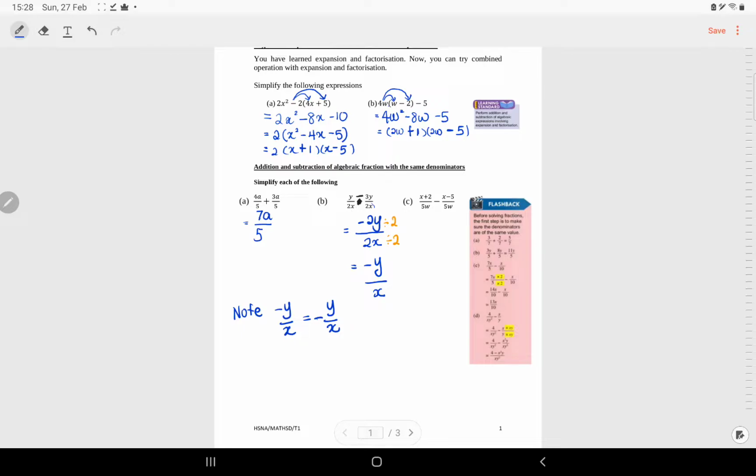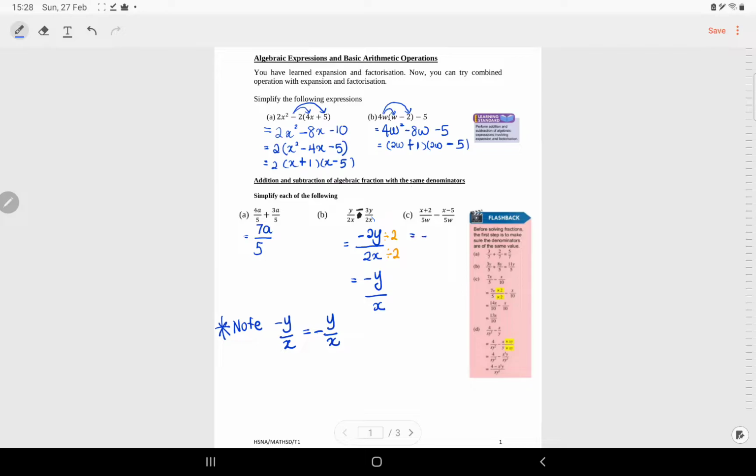Okay, so we have one example on subtraction. So the next one, same thing. Our denominator is 5w, and the second term is also 5w. So we have a common denominator of 5w.